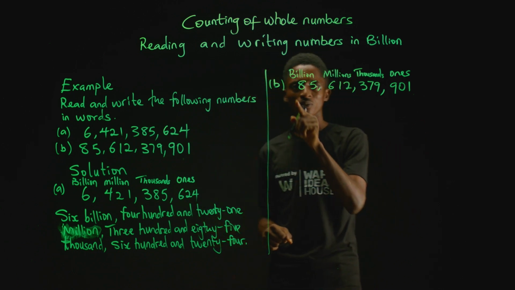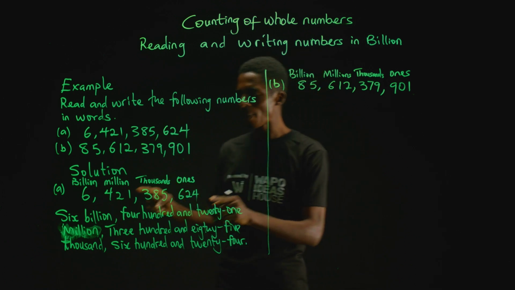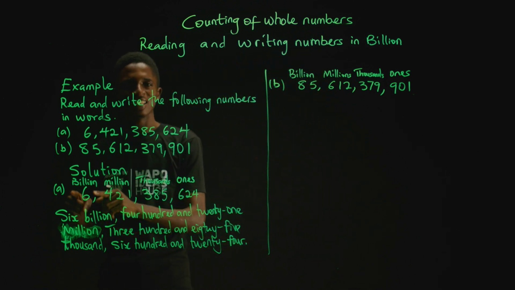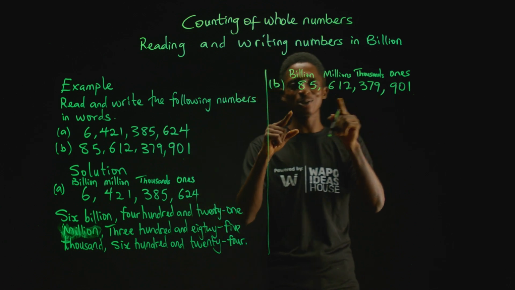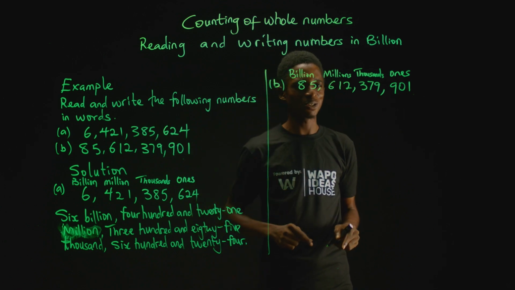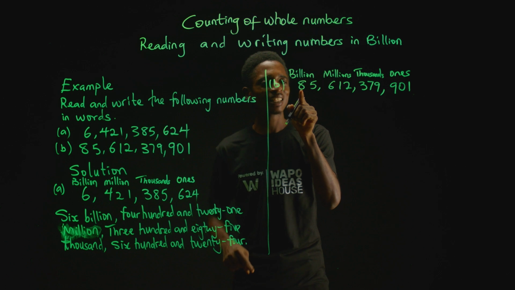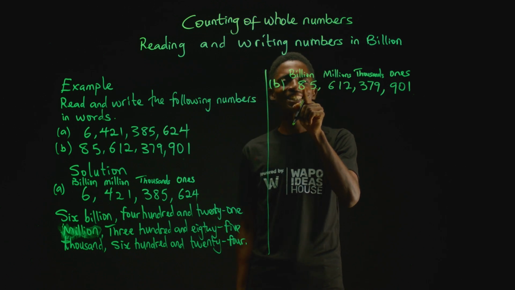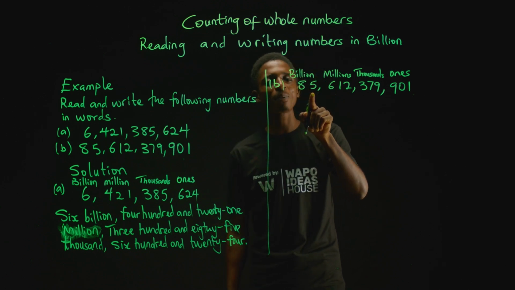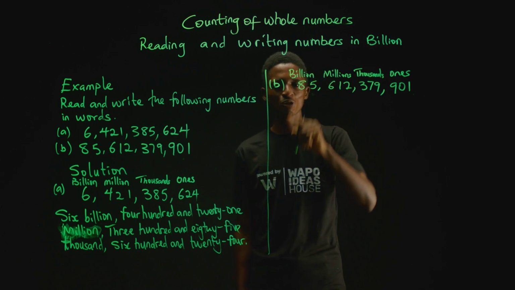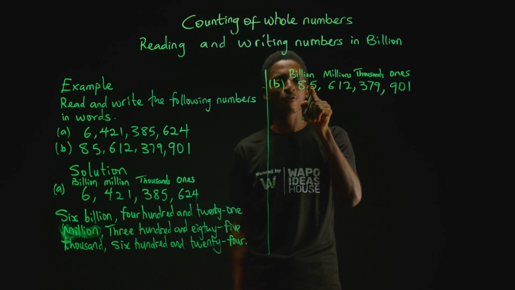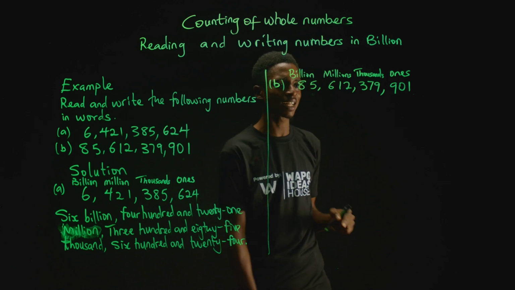Now to read it off, remember, you read the digit, then the place value. So let's read it together. This number here is 85, and it is in the place value of billion. So it will be read as what? 85 billion. Correct.